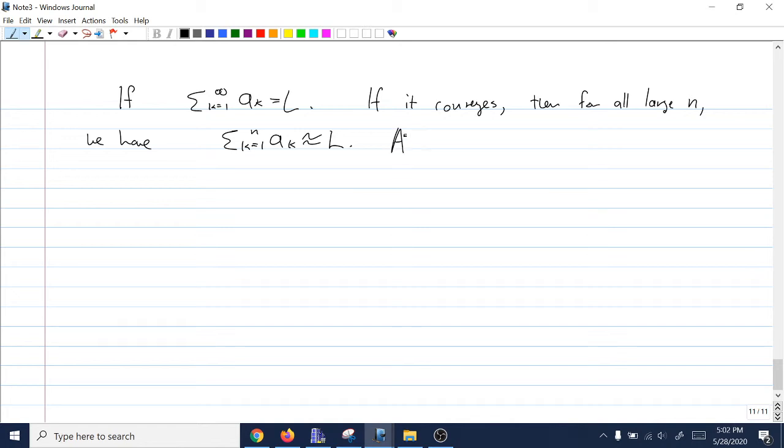But also, the sum from k equals 1 to n plus 1 of ak is also very close to L, because that's also a sum of lots of the terms.